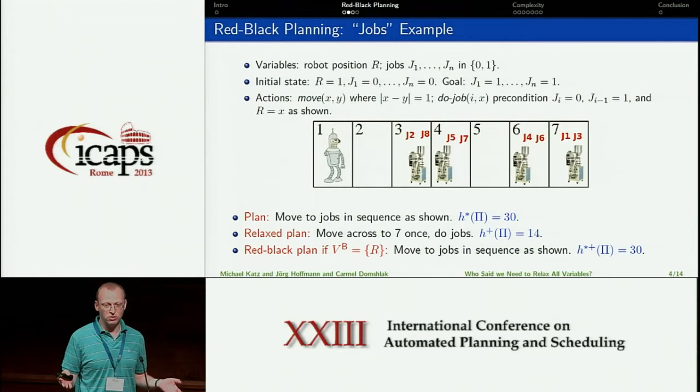Then you actually have to change the value of the robot every time that you need to go to the next job. So the optimal red-black plan for this particular set of black variables will be exactly the optimal plan. So we'll get the cost of 30.